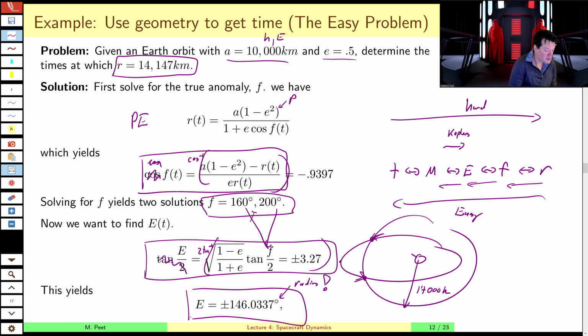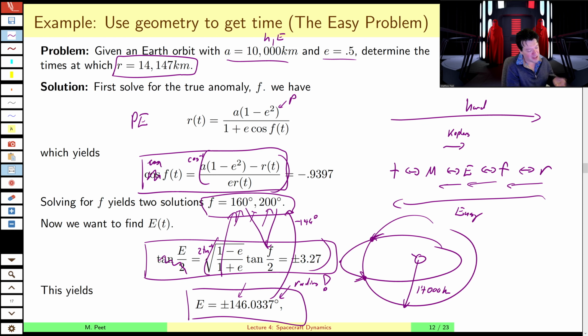So there's a bit of a problem here in terms of ambiguity in angle, right? Because we went from 160 degrees and 200 degrees to plus or minus 146 degrees. In particular, clearly plus 146 corresponds to 160, but does negative 146 correspond to 200?